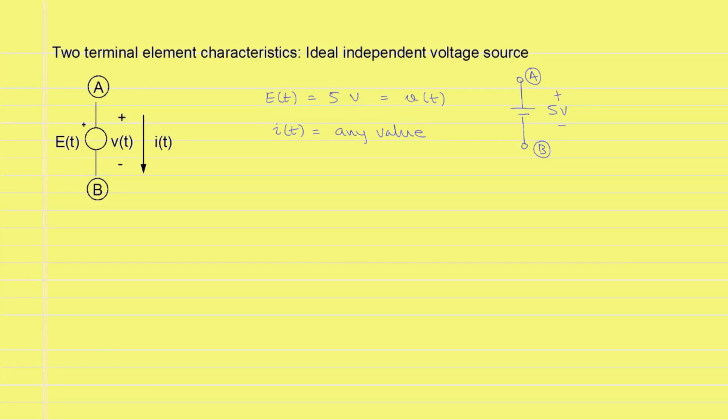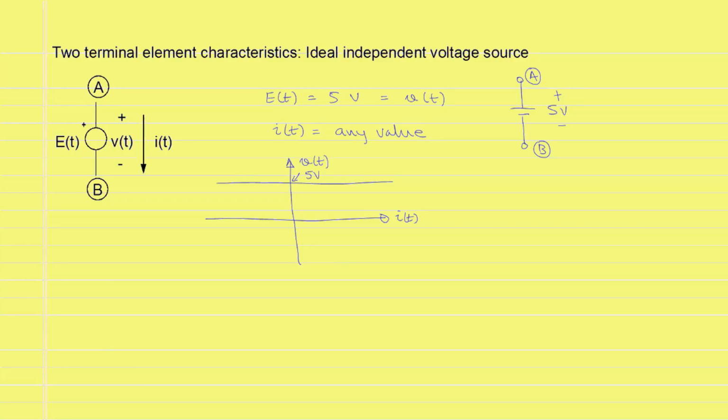If we plot the characteristics of the source on a graph where we have the current I of t on the x-axis and the voltage on the y-axis, then this graph will look like a horizontal line parallel to the x-axis, and the value of that source will be 5 volts.